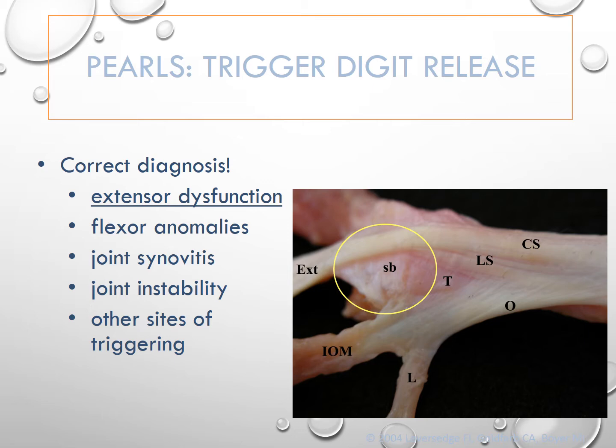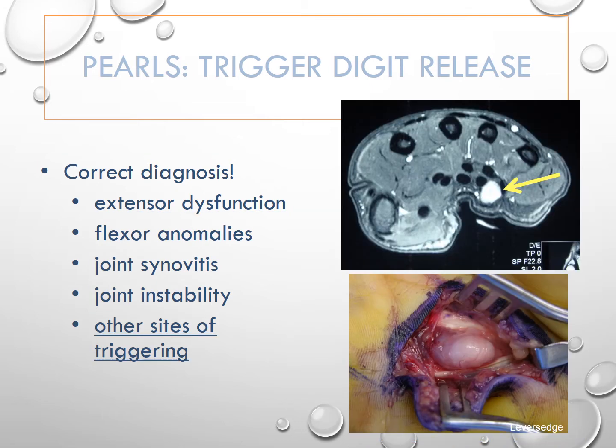That's a reason for having triggering. There are flexor anomalies, joint synovitis, joint instability, and other sites of triggering. As we see here on the right, there's a mass that's causing the fingers to trigger versus the actual trigger finger.